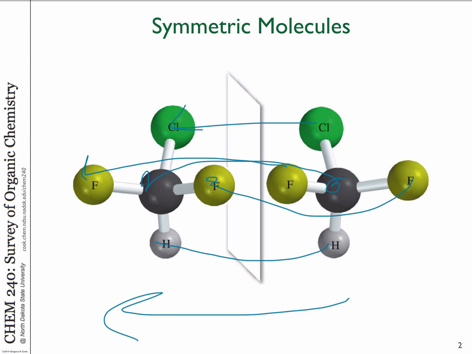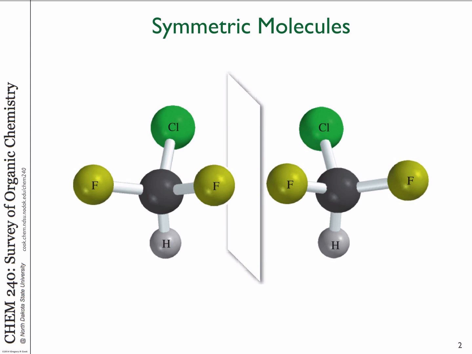In fact, in this case, if you were to bisect the molecule right in half this way, just think about sticking a mirror plane right in the middle of the molecule. You can see the left half of the molecule would be directly symmetric with the right half of the molecule, right? It's a mirror plane.